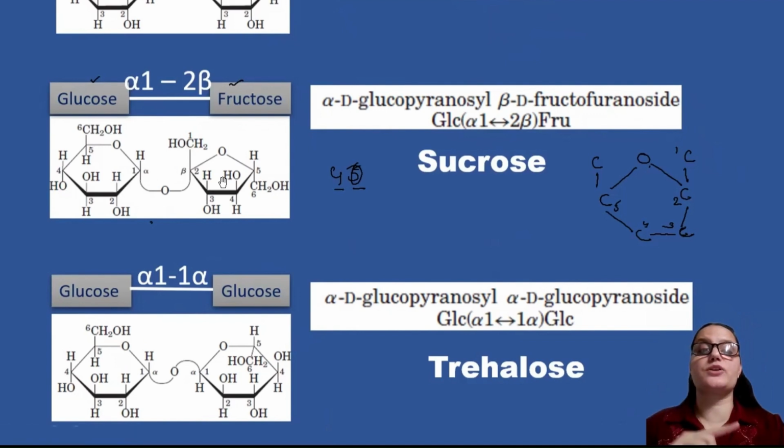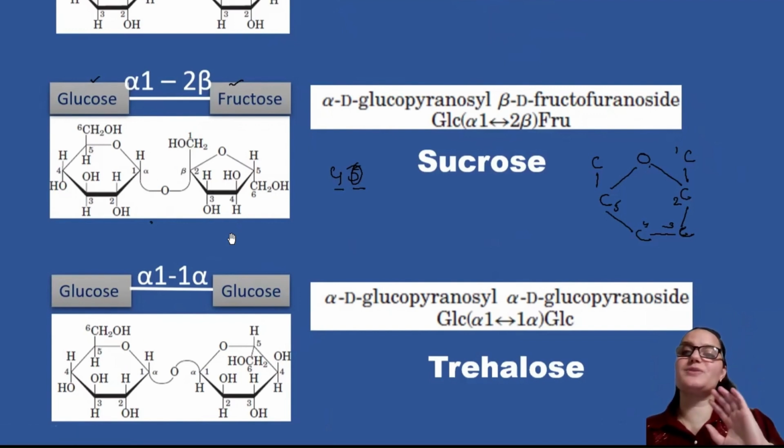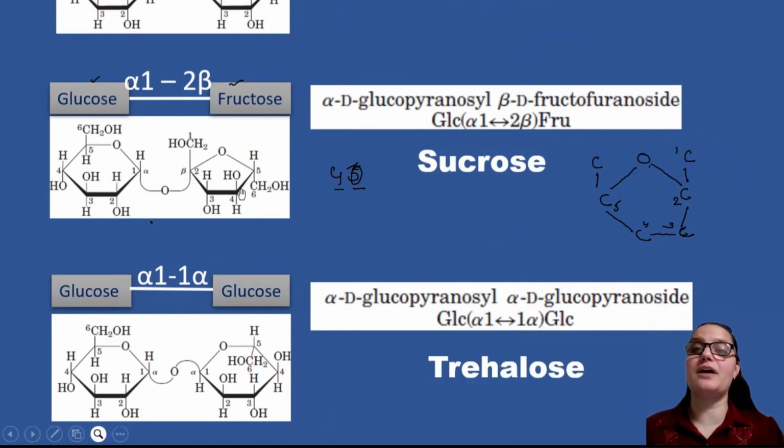If you are flipping the structure, you are not showing the anomeric carbon on the right hand side, rather it needs to be represented on the left hand side. Then the vertical flip also takes place. It's not just the horizontal flip. The vertical flip also takes place on each and every carbon.